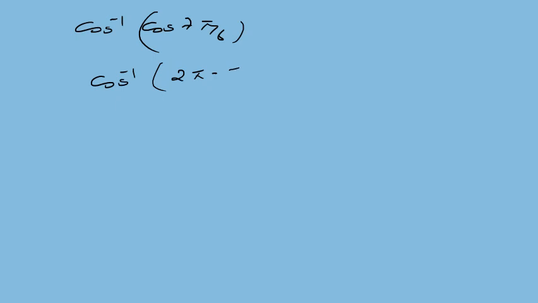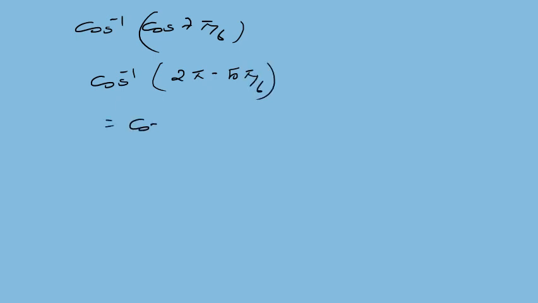Another question. Cos inverse cos 7 pi by 6. 7 pi by 6 means 210 degrees. So we have to convert. Cos 7 pi by 6, you can write it as cos of 2 pi minus 5 pi by 6, since cos is positive in the fourth quadrant.